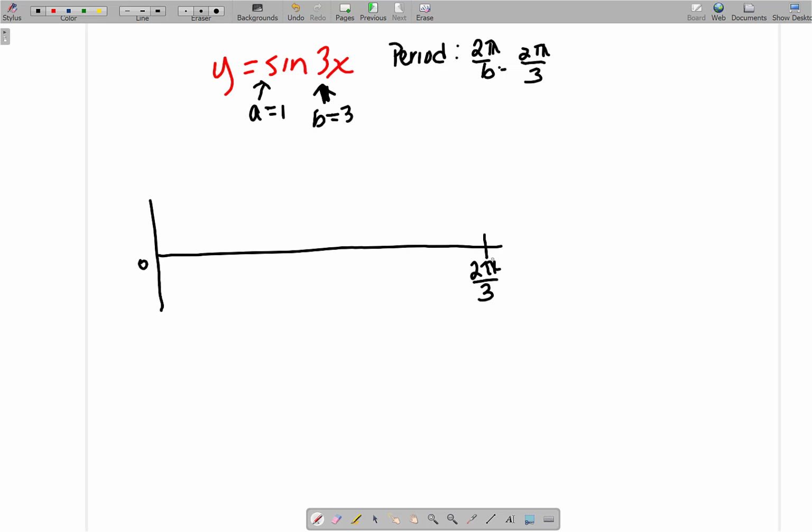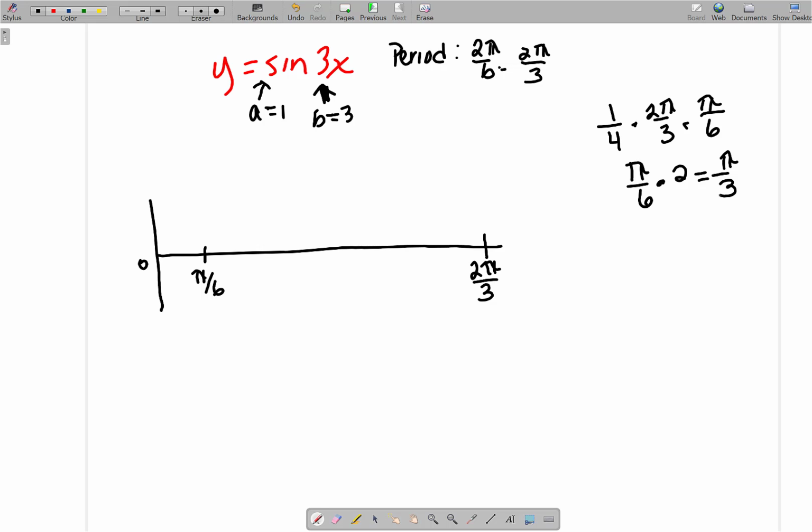Okay, so to find out what your in-between points are, you want to take a quarter of 2 pi over 3. So you take 1/4 times 2 pi over 3, and you get pi over 6. That is your first quarter right here, pi over 6. Now you can just take your pi over 6 and times it by 2, and that's going to equal pi over 3.